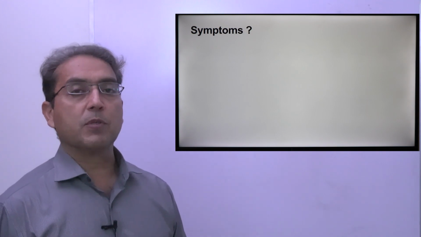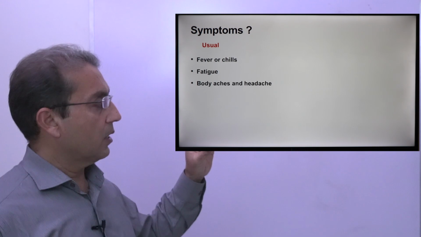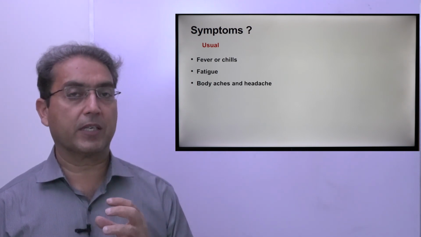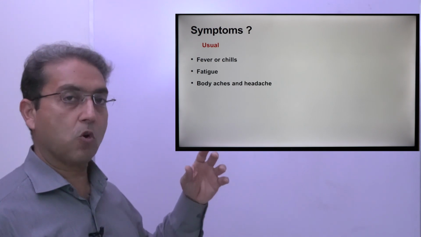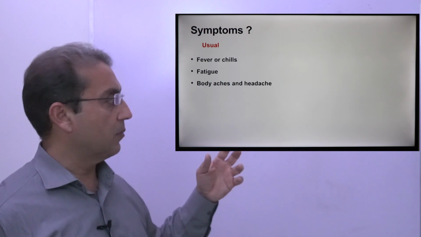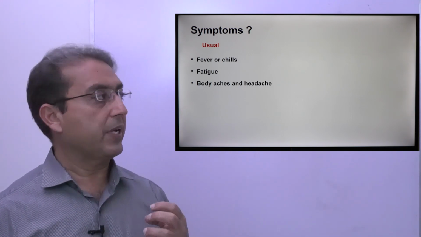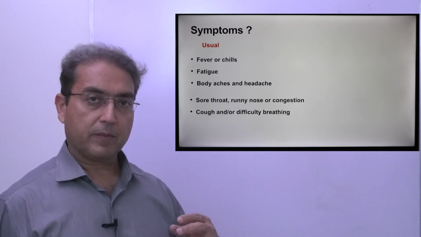Now, what are the symptoms of these patients? There are usual symptoms. These may be symptoms caused by viremia. A generalized viremia can cause fever or chills. There may be fatigue. There may be body pains like muscle pains. There may be headache. Then the patient may have respiratory symptoms.